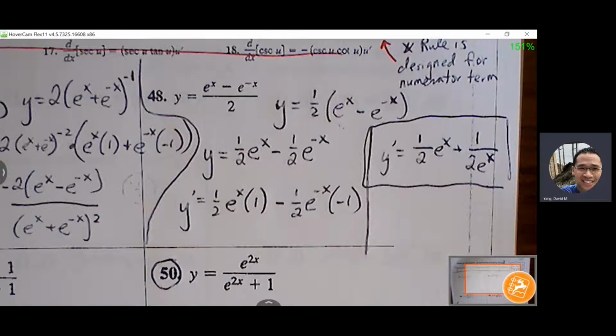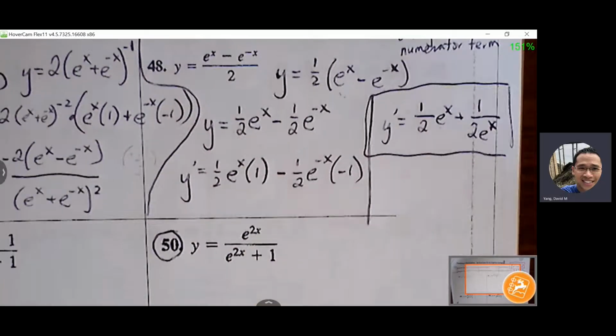So what would you do then? Here, what rule would you use? Yeah, this one, I would say quotient is the best option. Just because of the complexity, it's not easy to move those things around and force it into an easier problem.